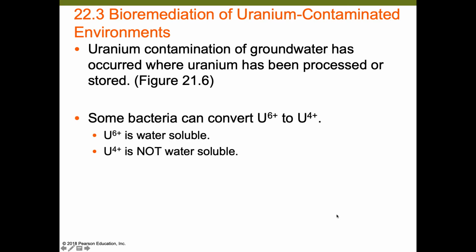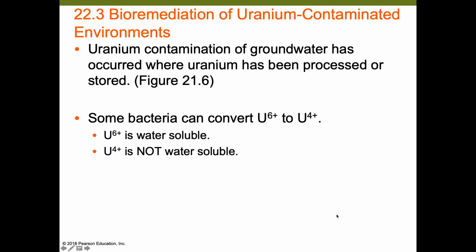I'm picky, I guess. But there are microbes that can convert a soluble form of uranium, uranium 6+, to an insoluble form, uranium 4+. When that happens, the uranium basically precipitates out of the groundwater.